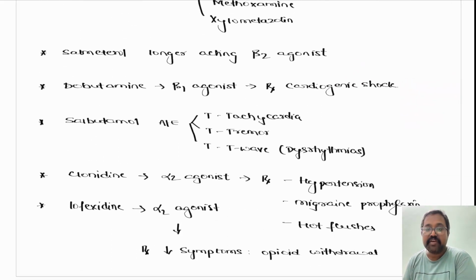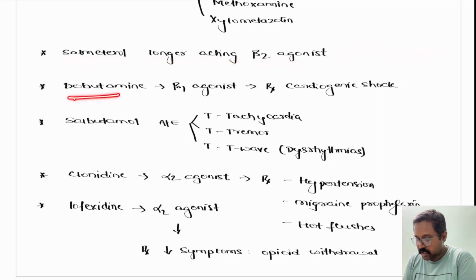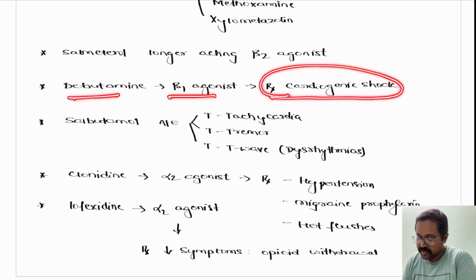Next, which is the longer acting beta 2 agonist preferred in bronchial asthma? Salmeterol is a longer acting agent when compared to salbutamol. Then we have dobutamine, which is a beta 1 agonist. It is preferred in case of cardiogenic shock.